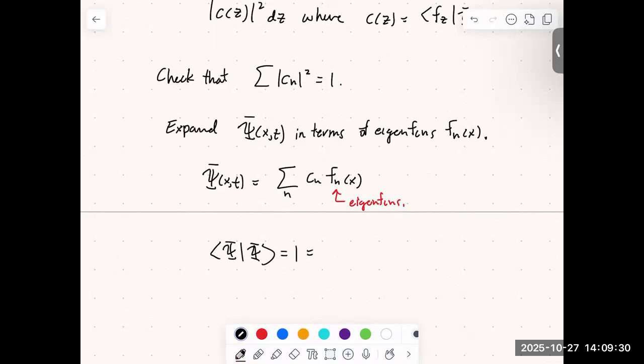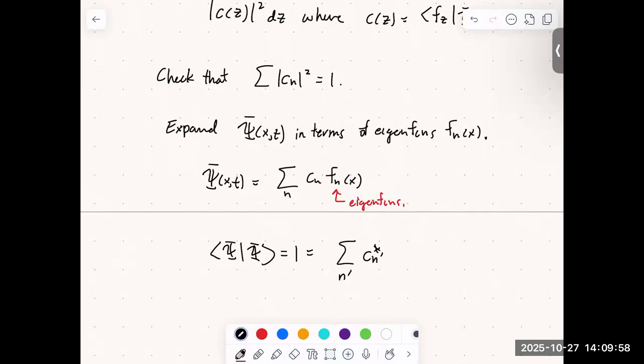Let's see, it's just going to be this sum times that sum again, but we have to take the complex conjugate. So it would look like the sum over n prime of Cn prime star, and then we have our state, our wave function.